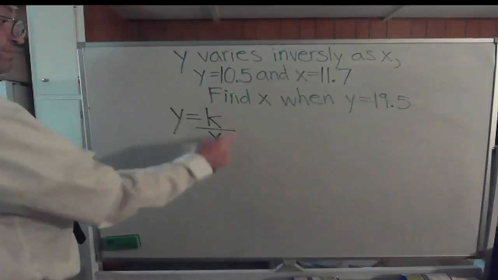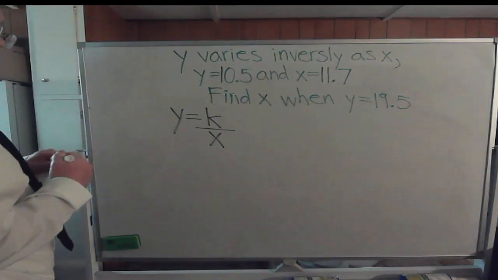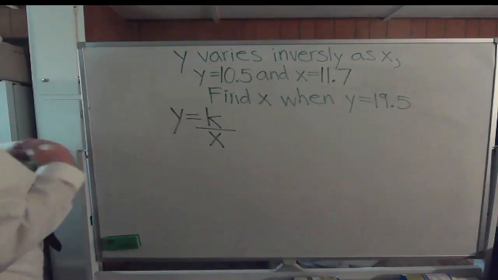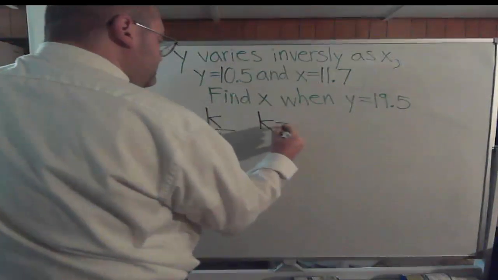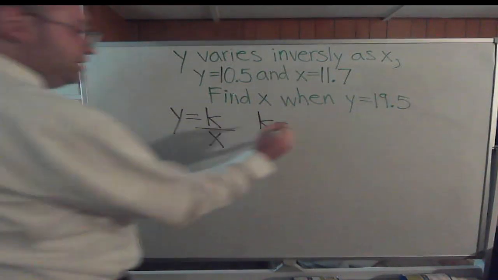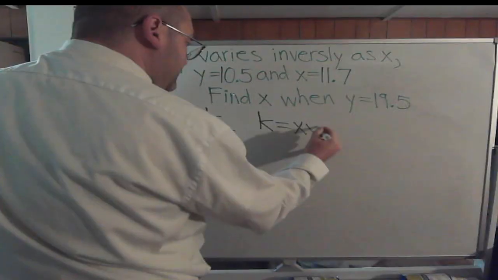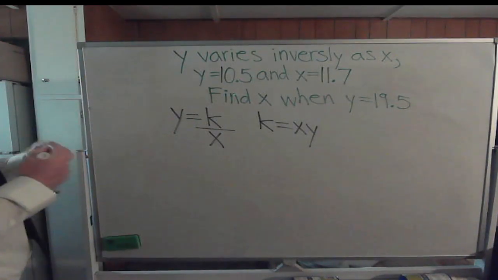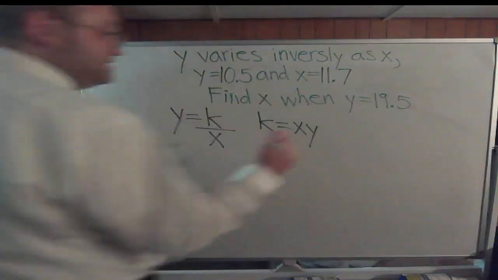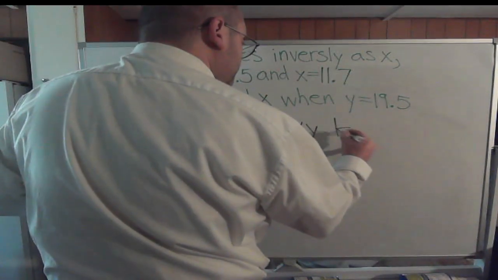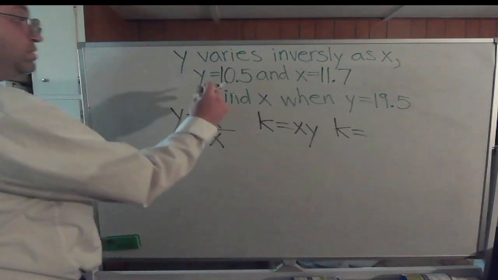So we've got to get k by itself, so we've got to multiply both sides by x. If you multiply the right side by x, you do get k by itself, which means you've got to multiply the left side by x, you'll get xy. So the constant of variation is equal to x times y. Now, in order to find said constant, you just got to plug in those values of x and y.